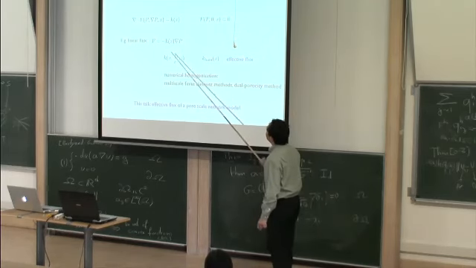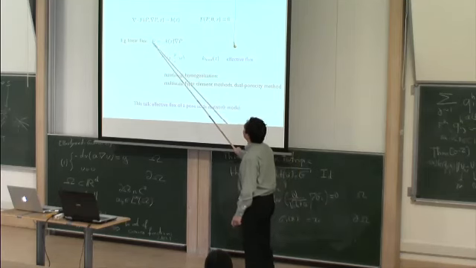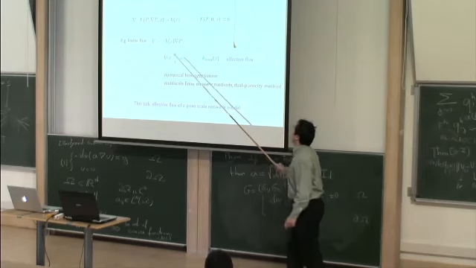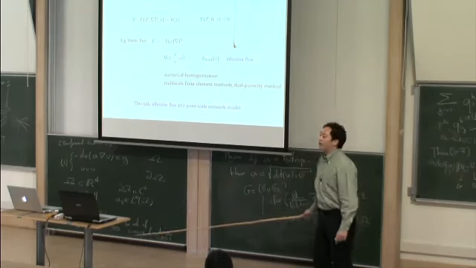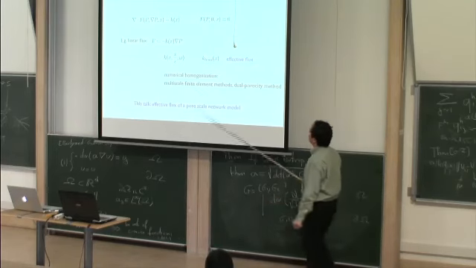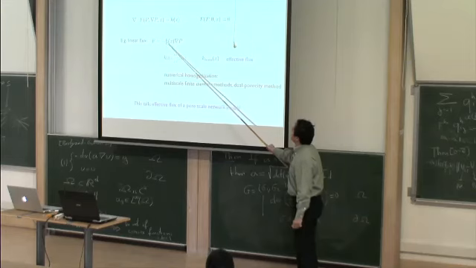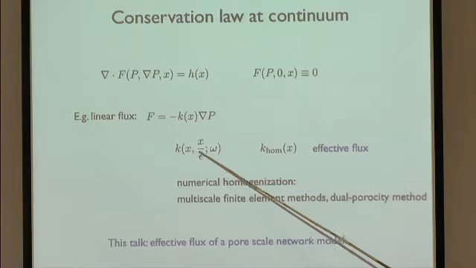You might have seen, for example, Darcy's law, which assumes that this flux is a linear function of the gradient of pressure together with a k over here. If you're familiar with the homogenization problem, which Human talked about this morning, a usual challenge is that this permeability function k may be defined at a very small scale like this.